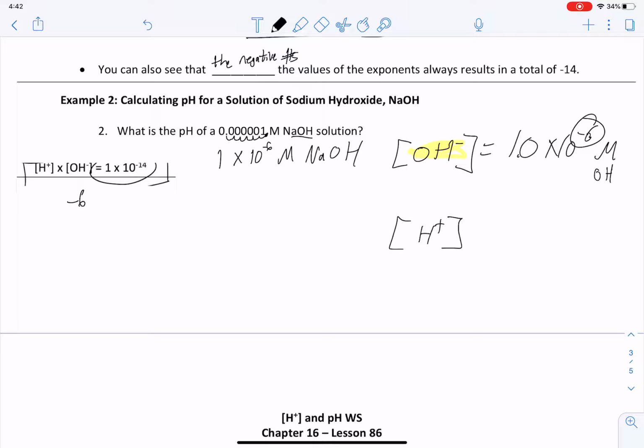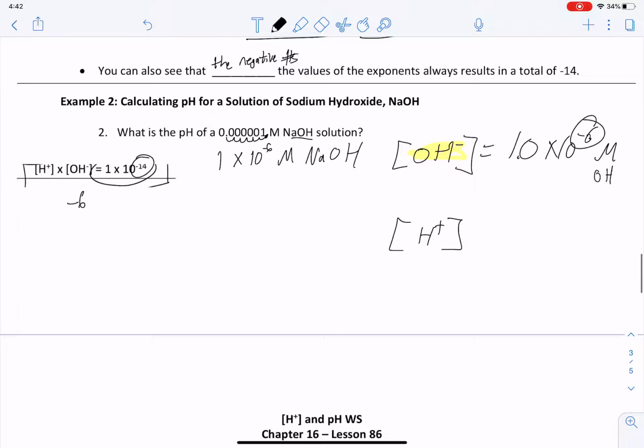So basically, we just have to move the 6 over, because we're solving for hydrogen ions, which is our X value. So we would do negative 14 minus negative 6, so that would be negative 8, meaning our hydrogen concentration would have to be 1.0 times 10 to the negative 8, meaning we now have our direct relationship between our exponent and our pH, so the pH has to equal 8.